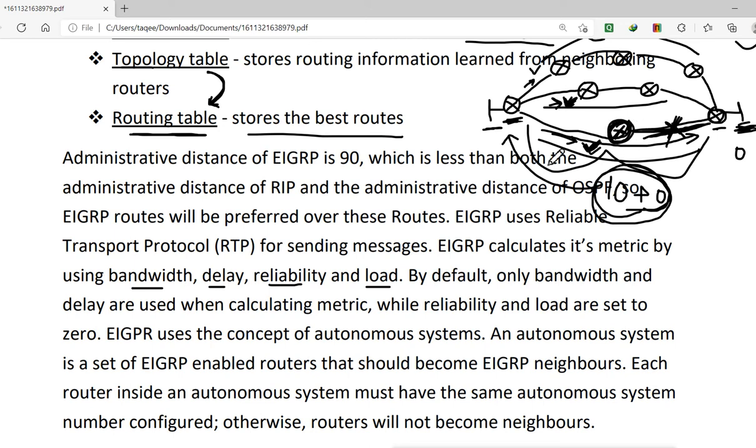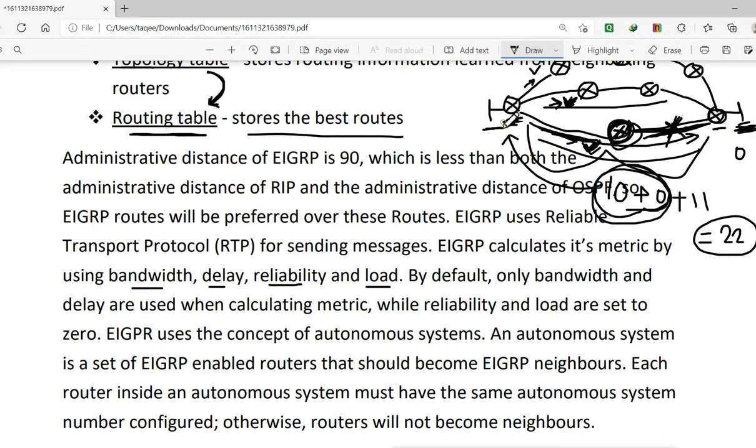Now this router will add the metric of the route from this router to the neighbor router. It will add whatever the route metric is, for example 11. So now the total becomes 22. This 22 is the total distance from this router to this network, and this is the feasible distance.